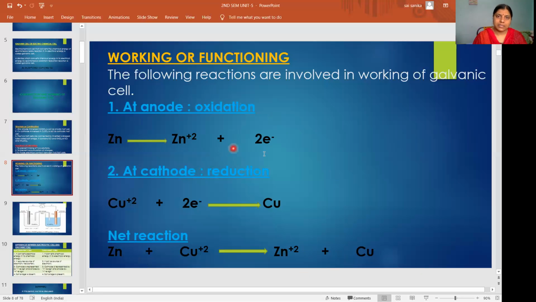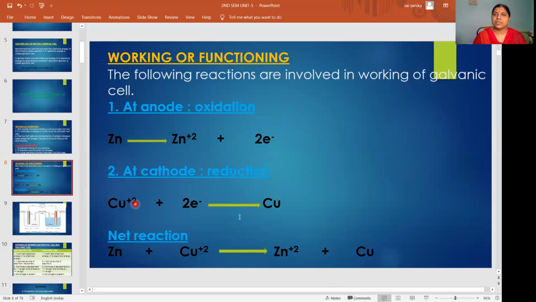Whatever electrons are released at the anode are taken by the copper ions at the cathode. That's why in the total reaction we are not mentioning the electrons, because whatever electrons are released by the zinc are taken by the copper ions. So these electrons are cancelled. These are the reactions taking place.